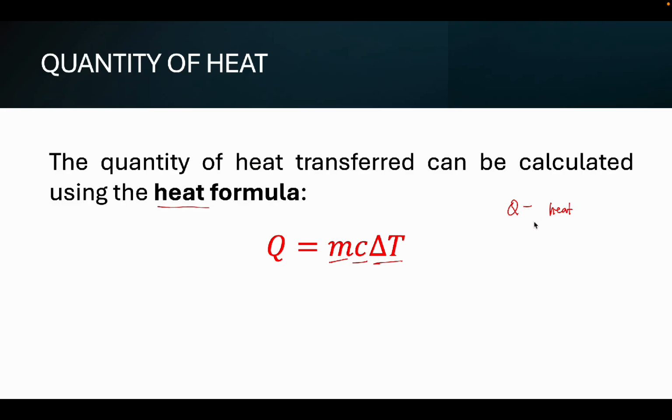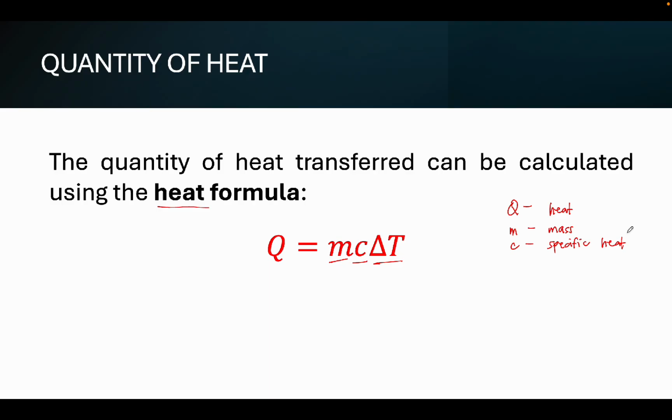M is the mass of an object. C is the specific heat. Each material has a different value for specific heat. For example, the specific heat of water is 4,184 or 4,186 joules per kilogram times Kelvin.